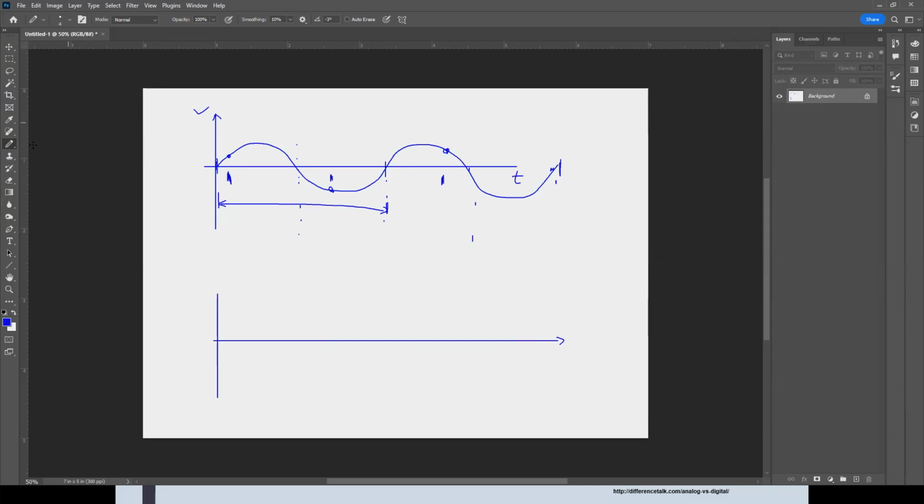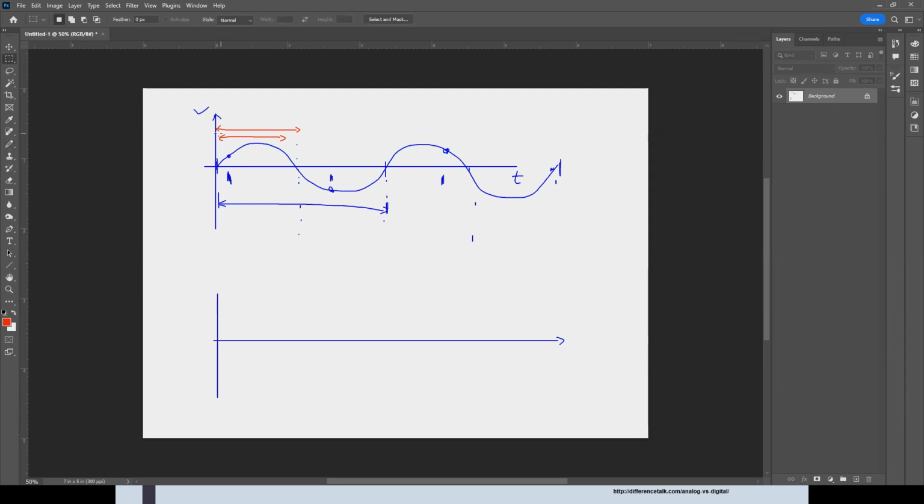Now let's have a sampling rate of a different color, maybe. Let's say this is from this point up to this point. This is half of the frequency, right? That represents half of the wavelength. Let's make the sampling rate shorter. So I'm going to make a shorter stick. It's just like that.